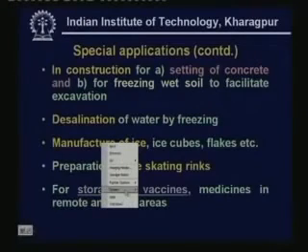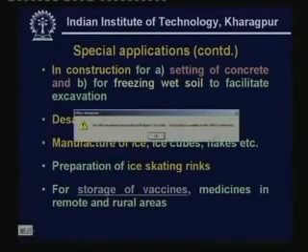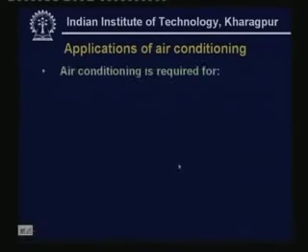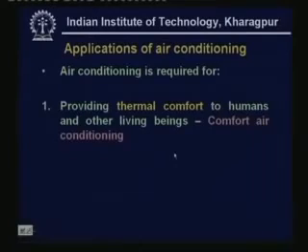Now let us look at applications of air conditioning. Air conditioning is basically required for two purposes. One, the very important application of air conditioning is in the area of what is known as comfort air conditioning, and the second application of air conditioning is for industrial applications. And what is the purpose of comfort air conditioning?